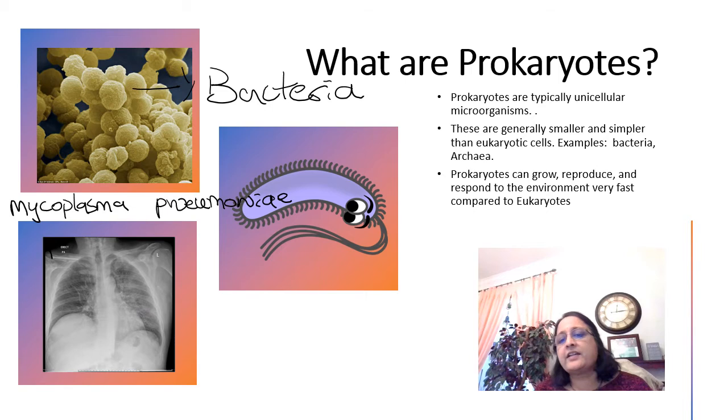Some prokaryotes are so small that they are even difficult to see under the best light microscopes. For example, Mycoplasma pneumoniae, the bacterium that causes pneumonia, is only 0.2 micrometers. Despite their simplicity, prokaryotes can grow, reproduce and respond to the environment very quickly compared to eukaryotes.